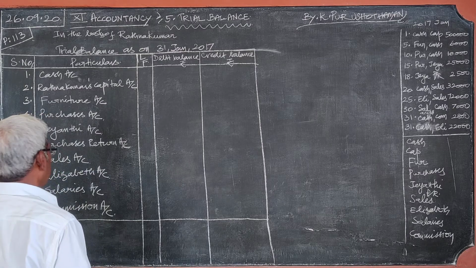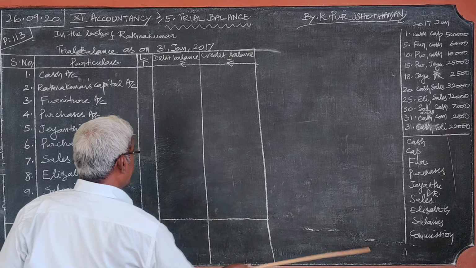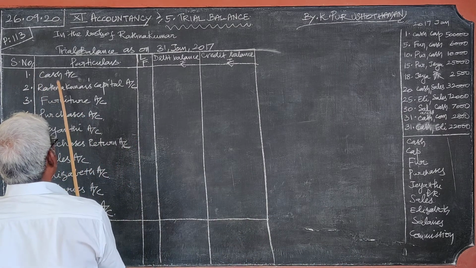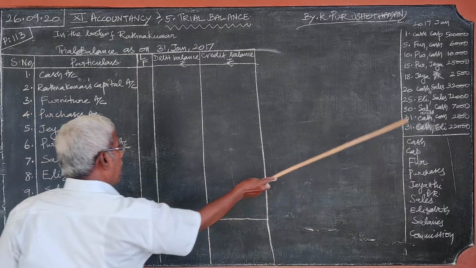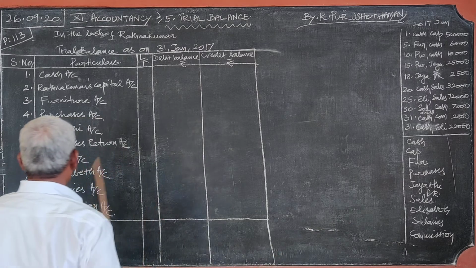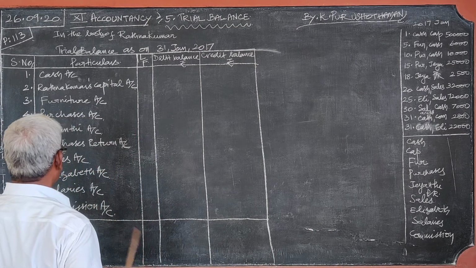For the serial number, we put as many numbers as there are ledger accounts. There are 10 ledger accounts, so I have put 10 numbers, and against the serial numbers I have written all the accounts: cash account, Ratnakumar's capital account, furniture account, purchase account, and so on to commission account. For ledger folio, we don't write anything.